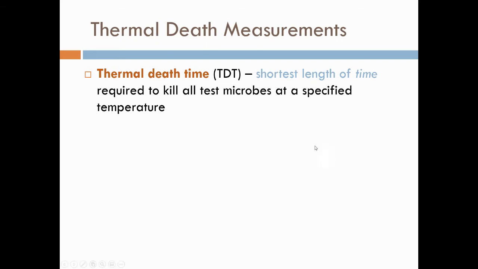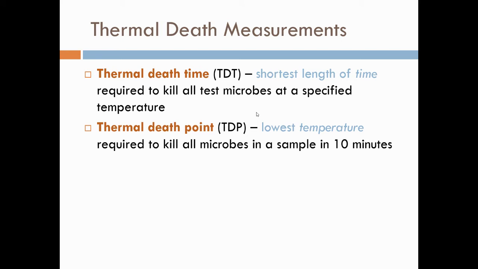I can compare the thermal death time between methods or ways of heating, between moist heat, dry heat, boiling, steaming, things like that. The thermal death time is the shortest length of time that I need to kill all the test microbes at a specific temperature. So the temperature is specified. How long is it going to take to kill these microbes?